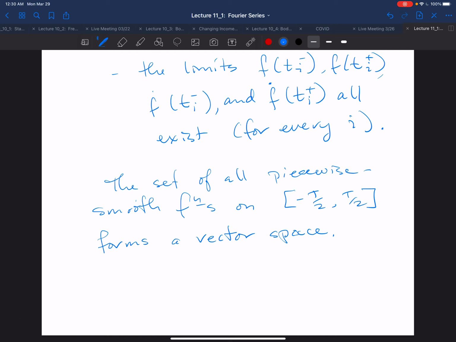We're talking about complex valued functions here in general. So the scalar multiplication of this vector space would be multiplication by complex valued scalars.